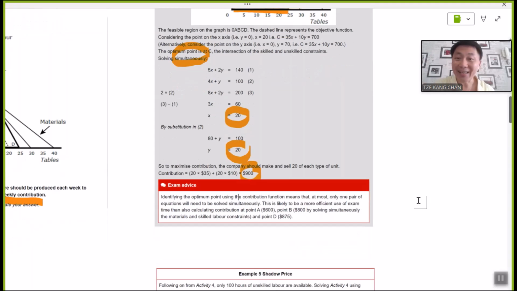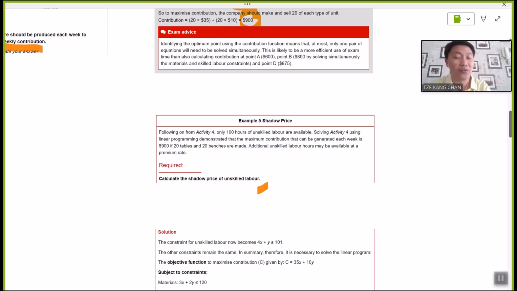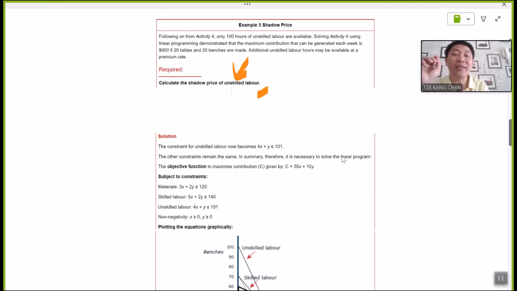So again, guys, here comes the golden question. What exactly is the value of shadow price if this time the shadow price is referring to the unskilled labour as mentioned by the question? So, applying the steps as explained a moment ago, we will need to extend the linear programming model a step further by modifying the availability of these constraints, adding 1 unit of unskilled labour.